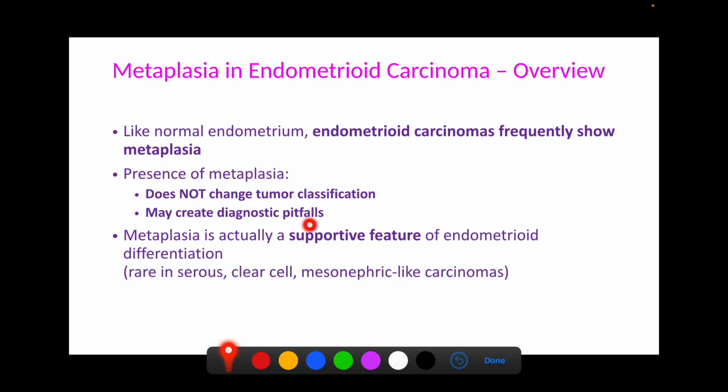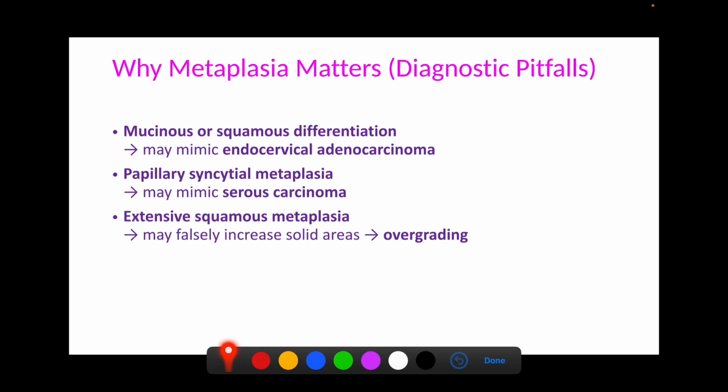It may create a diagnostic pitfall, and metaplasia is actually a supportive feature of endometrioid differentiation, because serous, clear and mesonephric-like carcinoma show metaplasia very rarely. Now why does metaplasia matter?